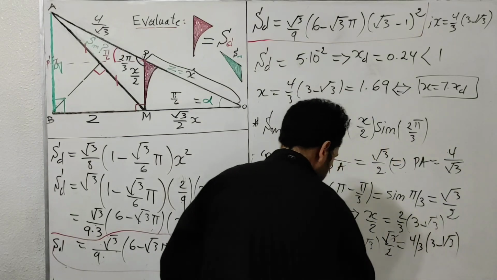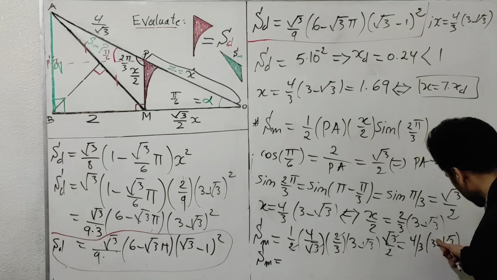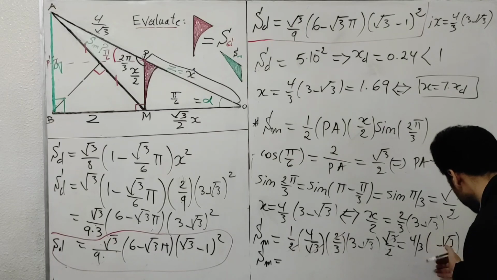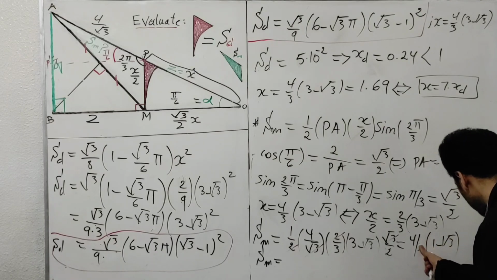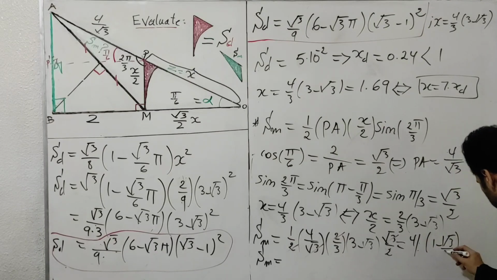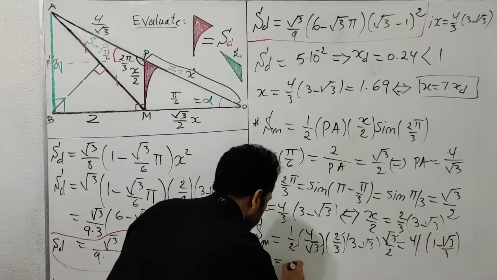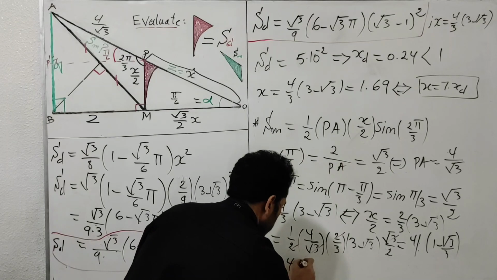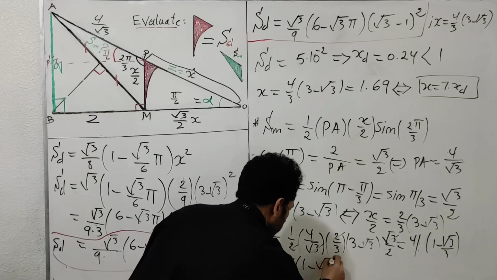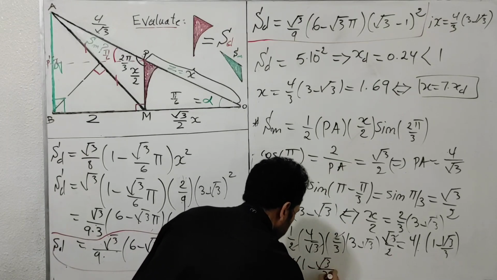By taking this 3 inside, I will get 1 here and square root of 3 over 3. So I will get SM equal to 4 multiplied by 1 minus square root of 3 over 3.